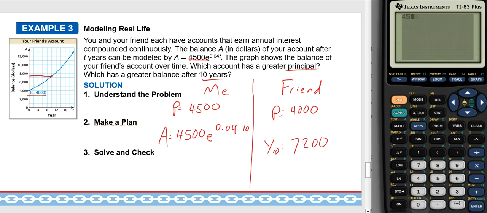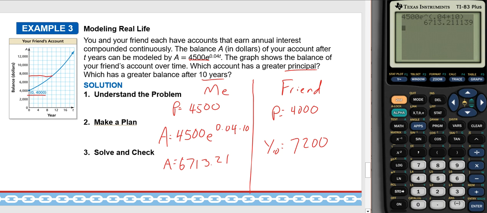So I could just type that in just like it's shown, 4,500 natural base e, and then make sure for my exponent everything is in parentheses, the 0.04 times 10, all in parentheses. Right? And then I hit enter, and after 10 years I have $6,713.21.